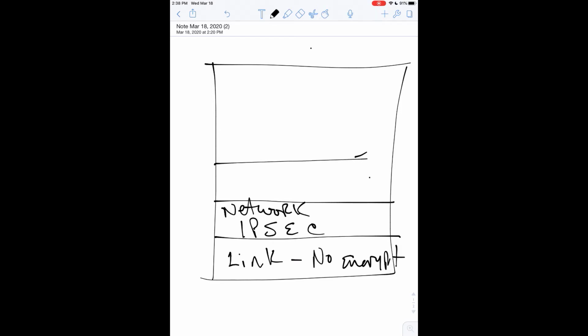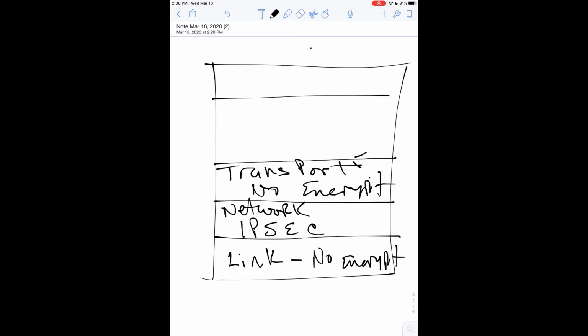At the transport layer, we have no encryption. And then, of course, at the upper layers, mostly within the presentation layer, so we do have the presentation layer in here too, but technically we're looking at the TCP/IP model.